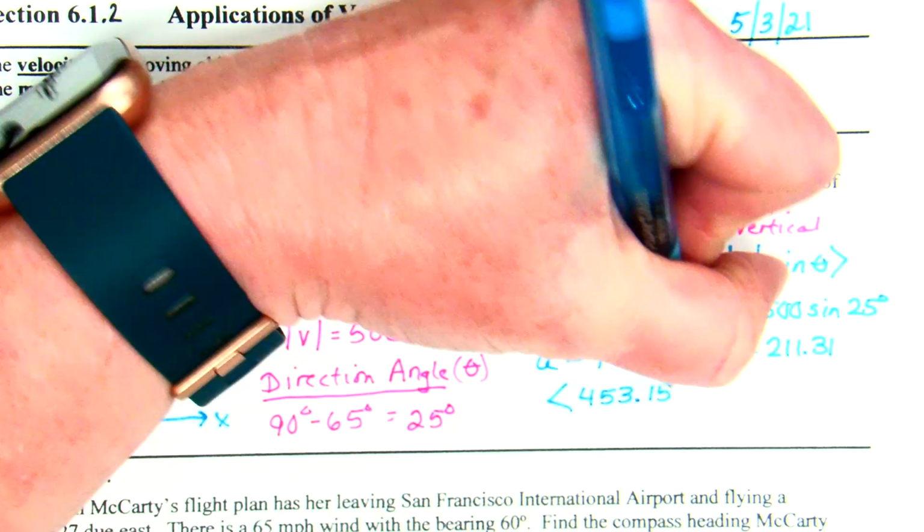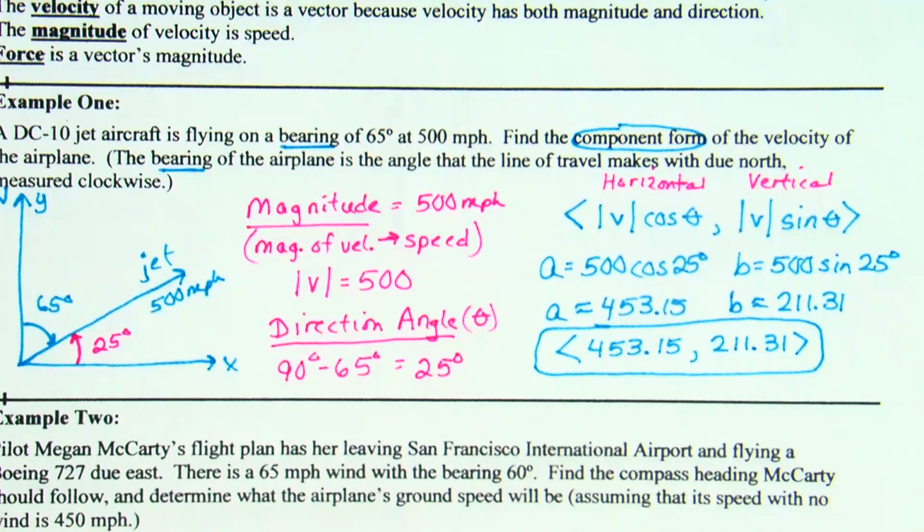Now, realize this component form, this vector, first of all, hopefully that makes sense, that both numbers are positive, right? The horizontal, we're going right. The vertical, we're going up. So this one right here represents what direction?